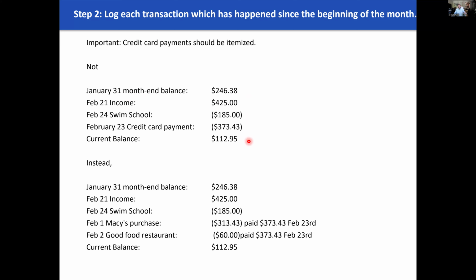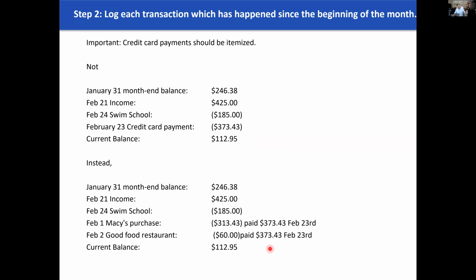Instead, I want to itemize everything that was included in that credit card payment. So same start, $246, have my $425 of income and that same $185 Zelle to my swim instructor. I still spent $373 and I paid it to the credit card company, but why? Because I spent $313 at Macy's and $60 at Good Food Restaurant, and my balance was $112.95.